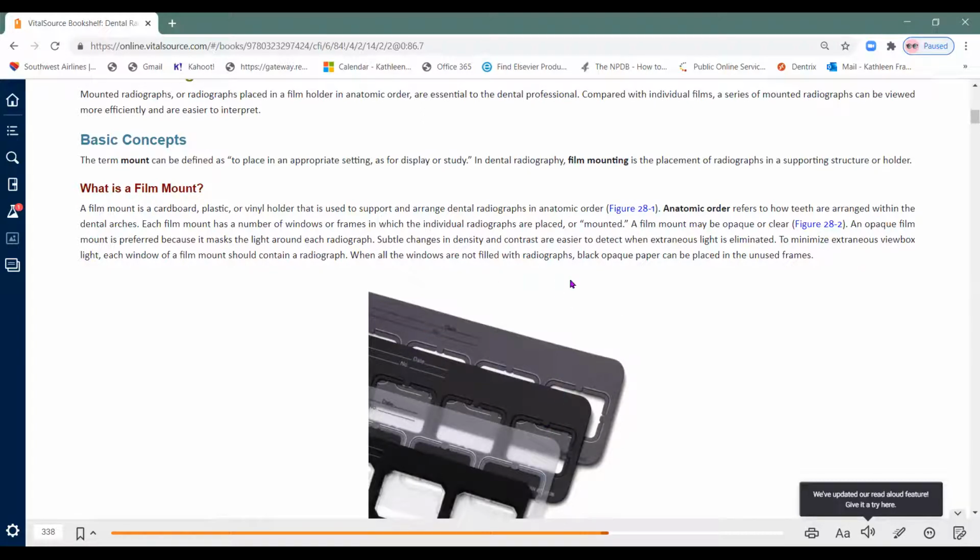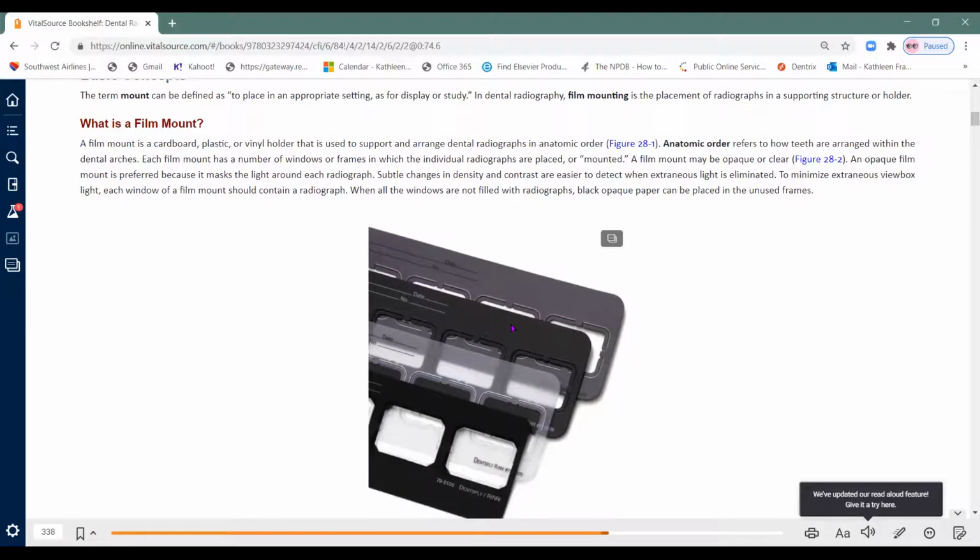But basically, film mounting is placing the radiographs in a supporting structure or holder, in anatomical order so that they're easier to view, instead of just having a bunch of radiographs sitting around that we don't know where they go in reference to the patient's mouth. But a lot of this chapter talks about these types of film holders.